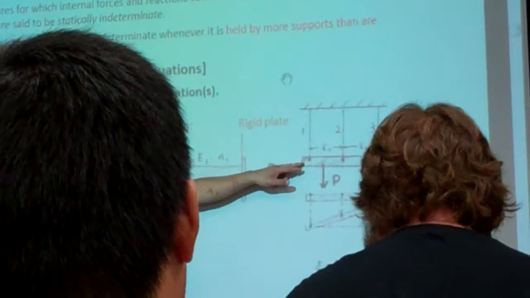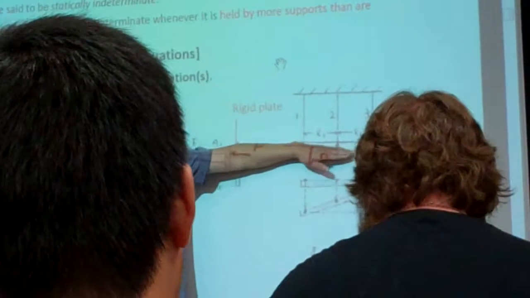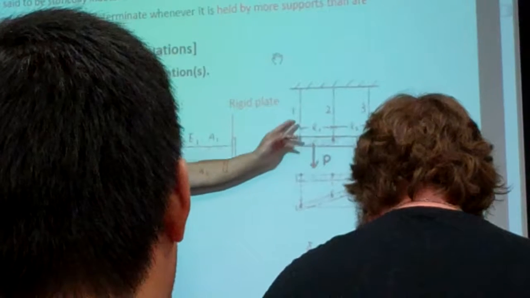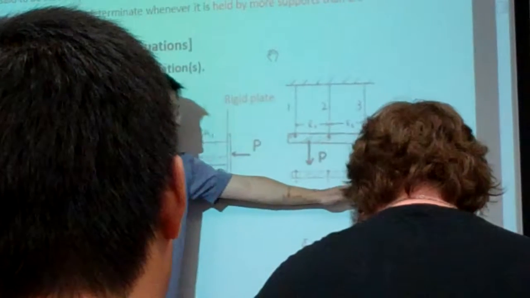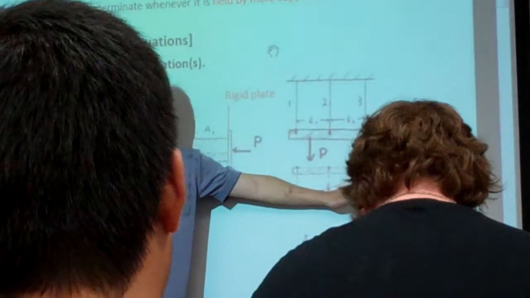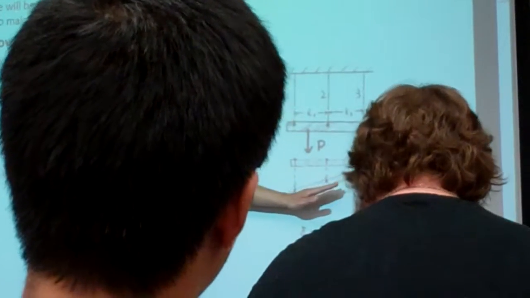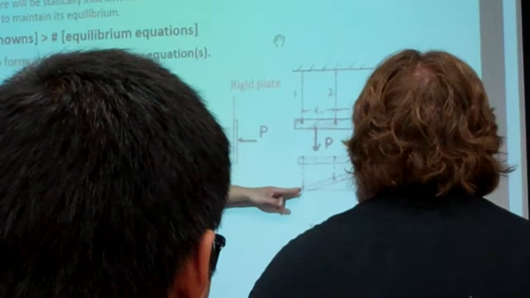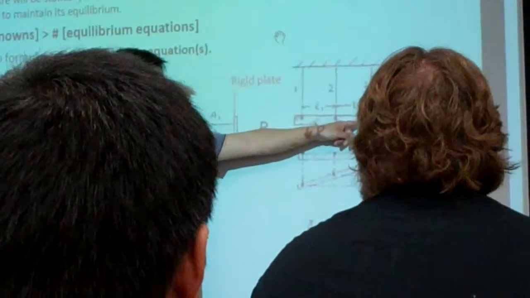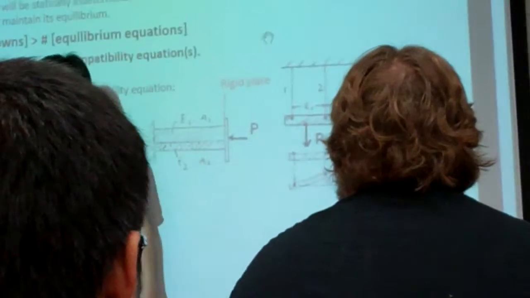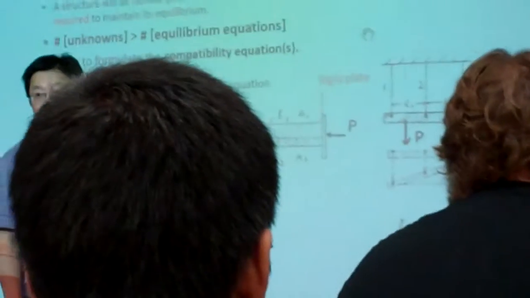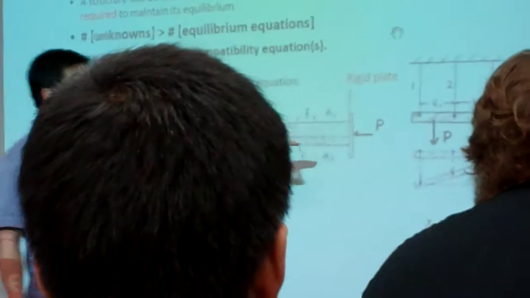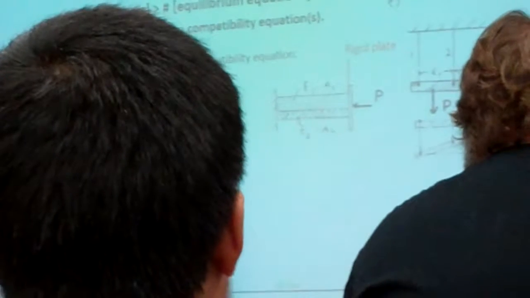The lever is originally a straight line, and after deformation of the 3 wires, it must remain a straight line. This provides us the similarity for the displacement at each end of the wire. So this is the 4th type of compatibility equation, the 4th type of indeterminate problem in this chapter.